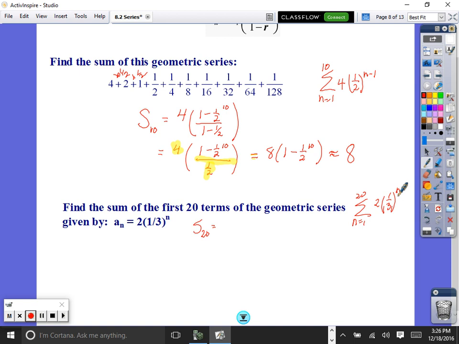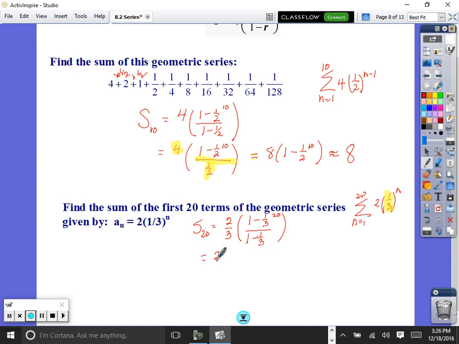If I put a 1 in here, it would be 2 times 1/3, which is 2/3. So my first term is 2/3 times 1 minus my ratio, 1/3, to the n, my n is 20, divided by 1 minus 1/3.